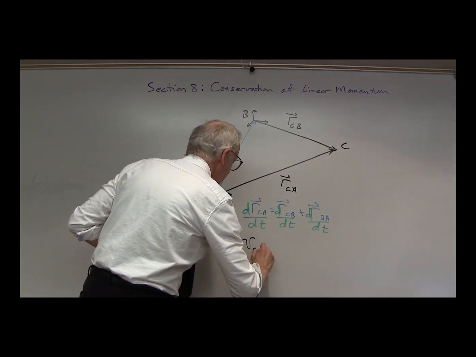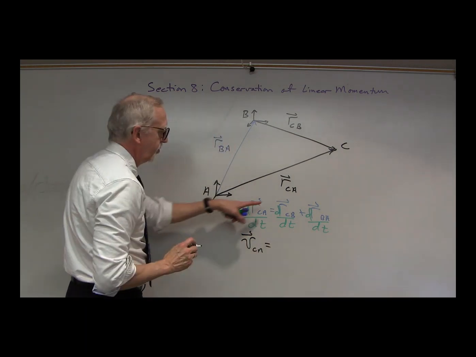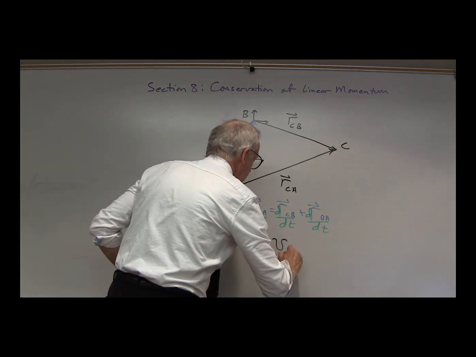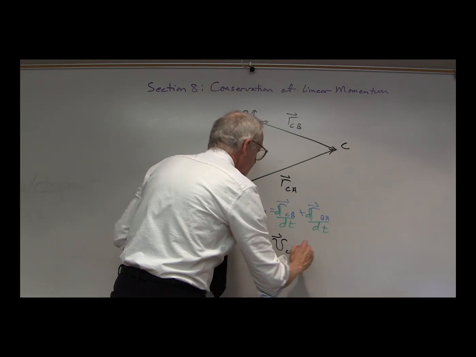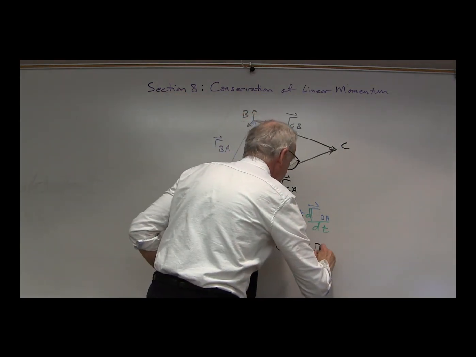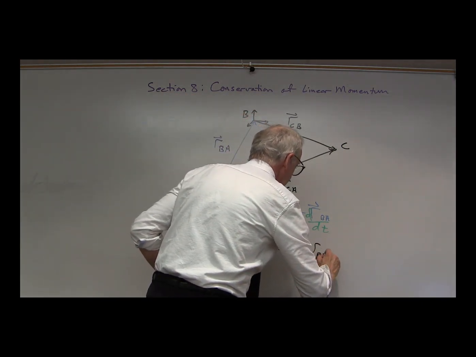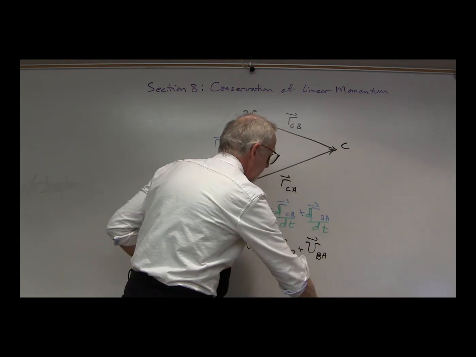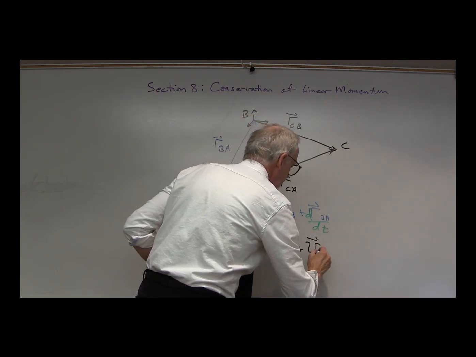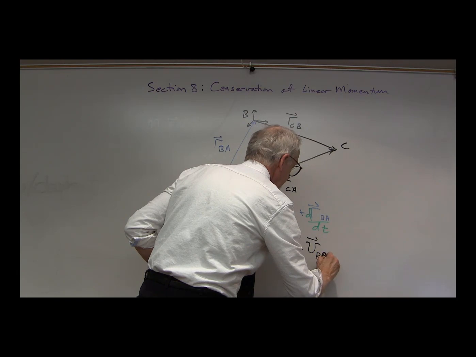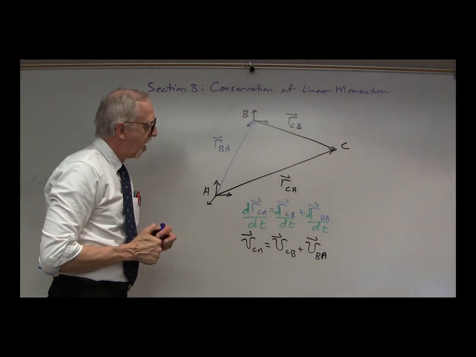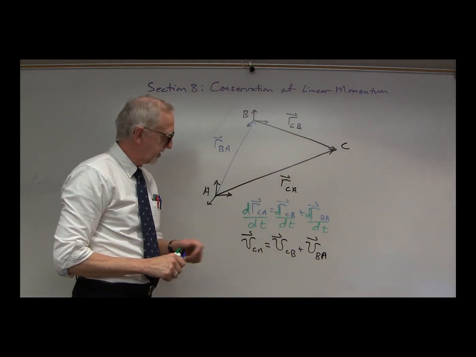So VCA is equal to VCB plus VBA. There we go. All right, this is a very, very important result.